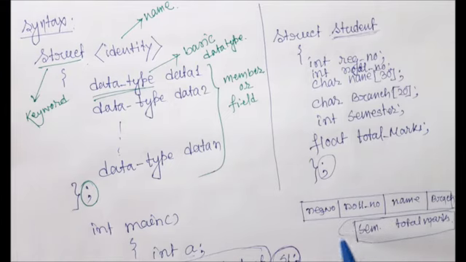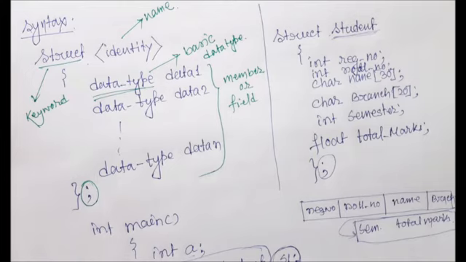So it is a contiguous memory location. We know that when we declare a structure variable, the memory will be allocated as a continuous block of memory. A contiguous block of memory will be allocated.